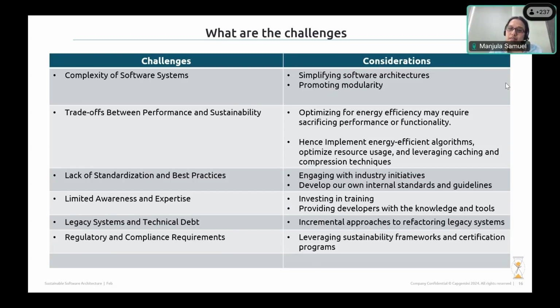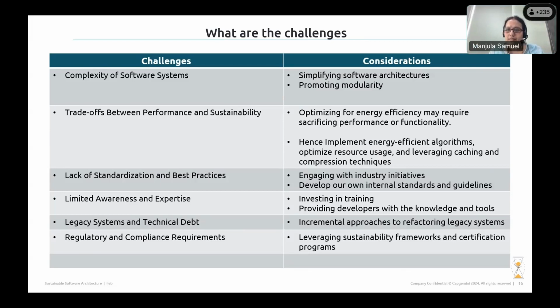And then we have the regulatory and compliance requirements. Compliance with the regulatory requirements and industry standards related to sustainability can be complex and resource intensive. So staying informed about the relevant regulations and standards, and proactively integrating them with sustainability efforts, can ensure compliance.